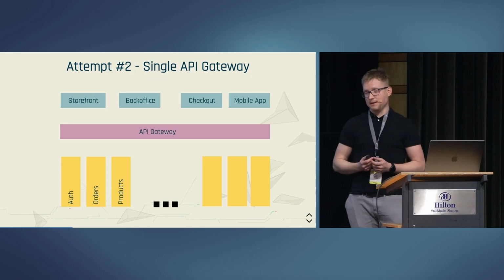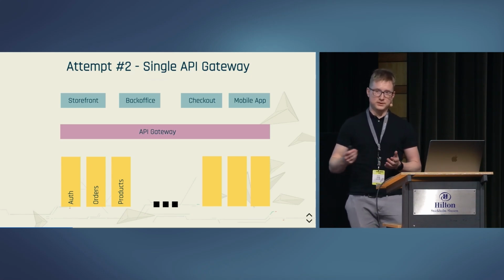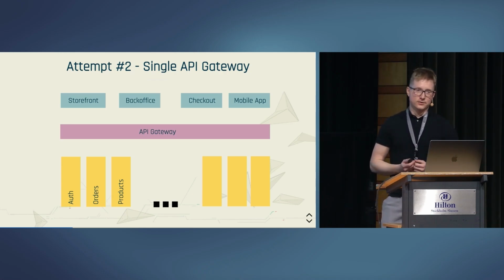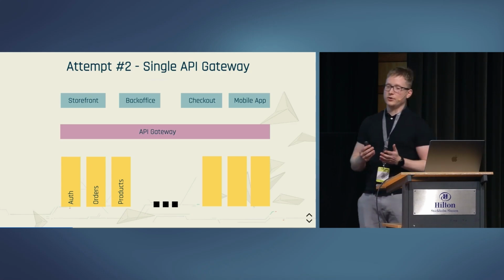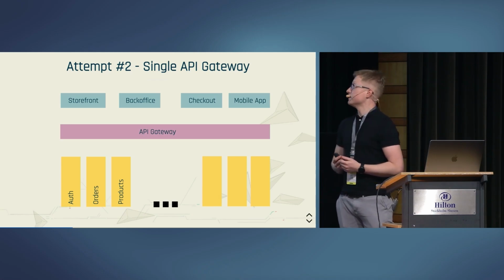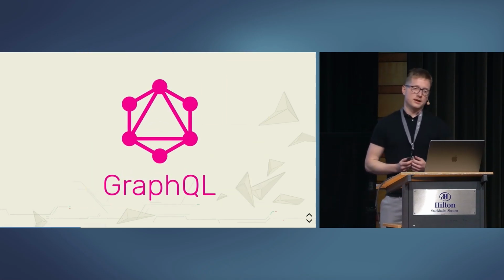However, we thought it would be a good enough approach because we have containers and all that stuff, so we can scale up, and that API gateway will always be up. However, how to use an API gateway to serve that data for all of those different consumers? And here GraphQL comes into play.